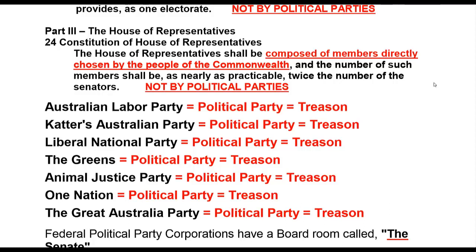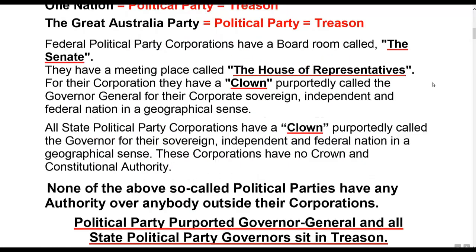So it's telling you exactly, these people don't represent us, they represent their parties. So, Liberal National Party, the Greens, Animal Justice Party, One Nation, the Great Australian Party, and more. They all equal political party, or political parties, which is treason. Federal political party corporations have a boardroom called the Senate.